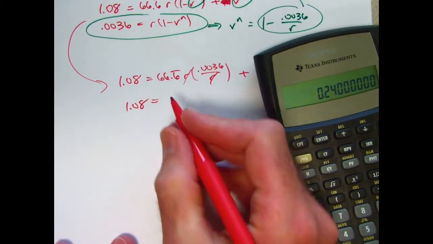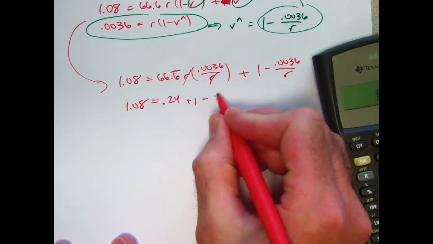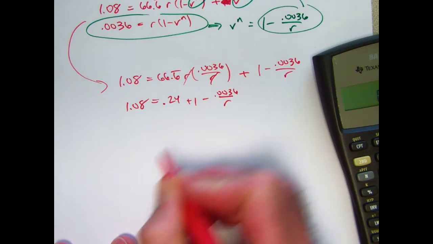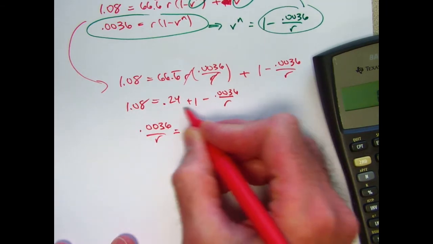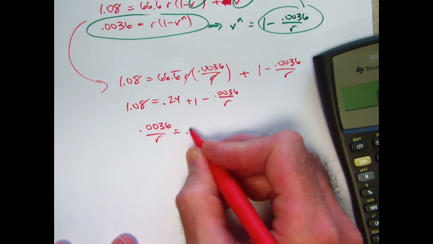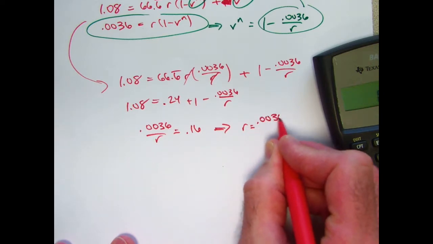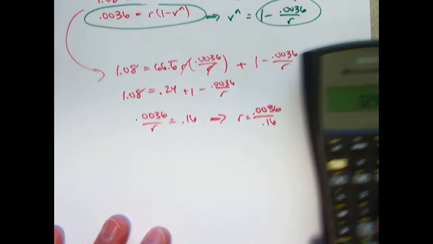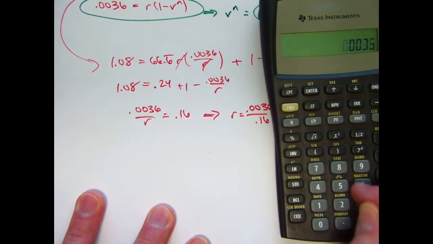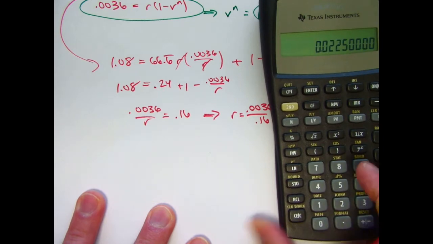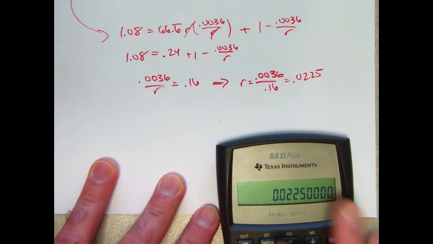Yes, it's good I checked that. 0.24, plus 1 minus 0.0036 over r. Therefore, 0.0036 over r is, this is 1.24 minus 1.08, which is 0.16. r is therefore 0.0036 over 0.16. 0.0036 divided by 0.16 is 0.0225, and that is correct.